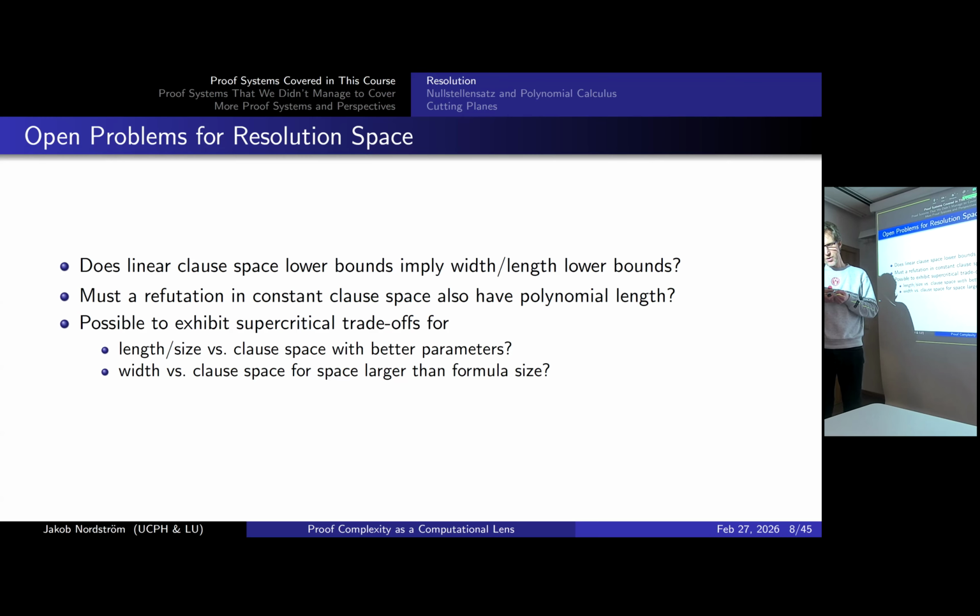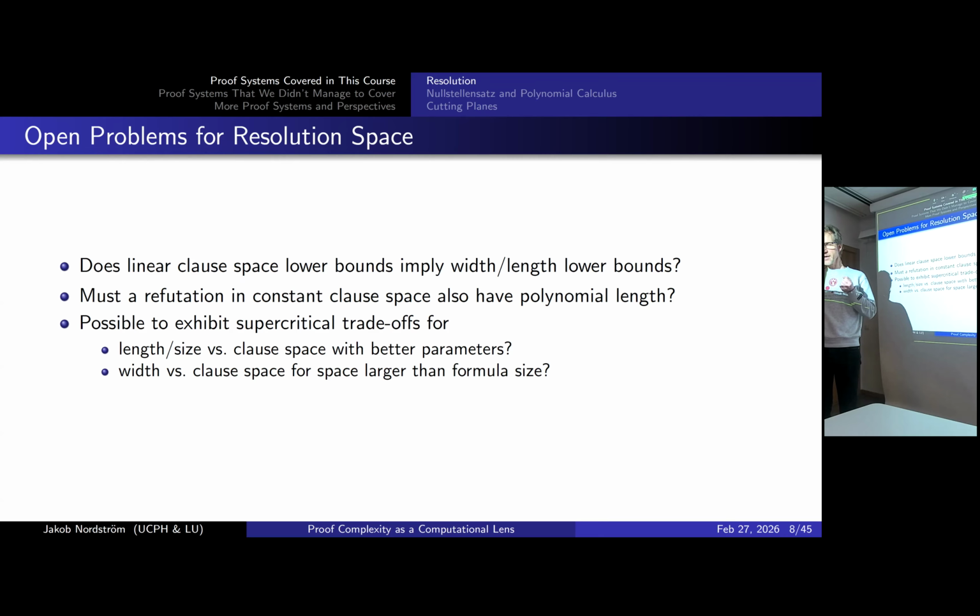We talked about supercritical trade-offs between length and space, formulas that had short refutations, and very space-efficient refutations in polylogarithmic clause space. But the short refutations had large superlinear space.